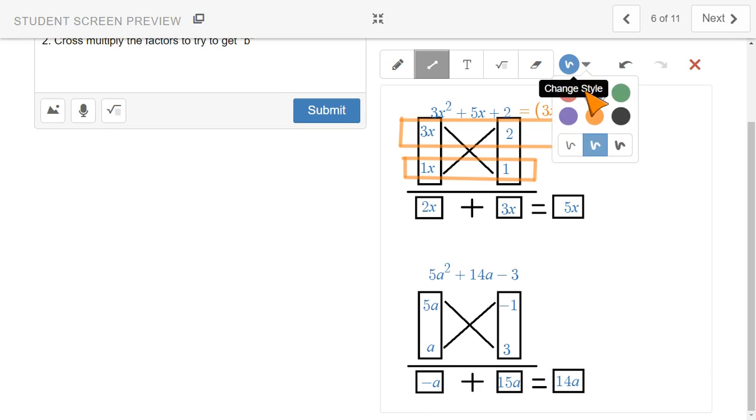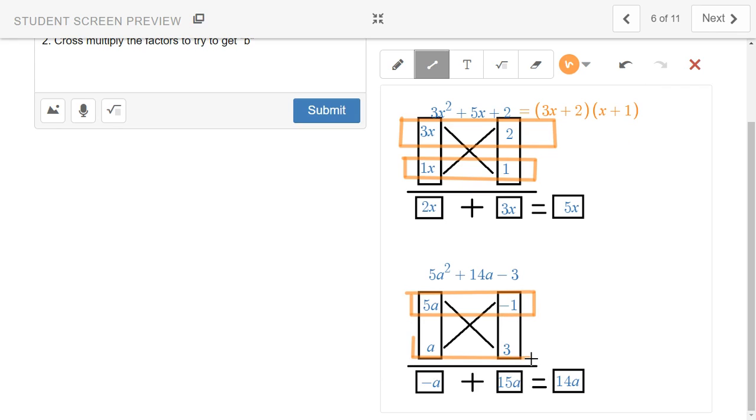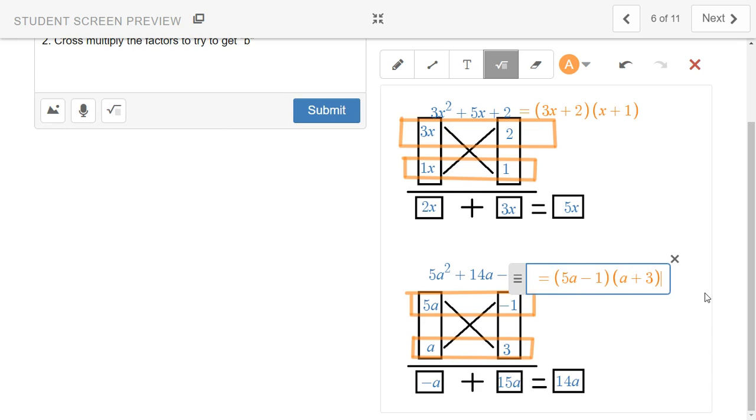And so I can take the top part, create a little fence here. This is my first bracket, and this becomes the second bracket. So in factored form, this is 5a minus 1 times a plus 3.